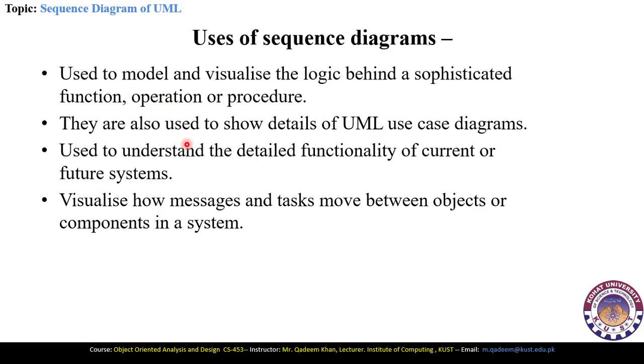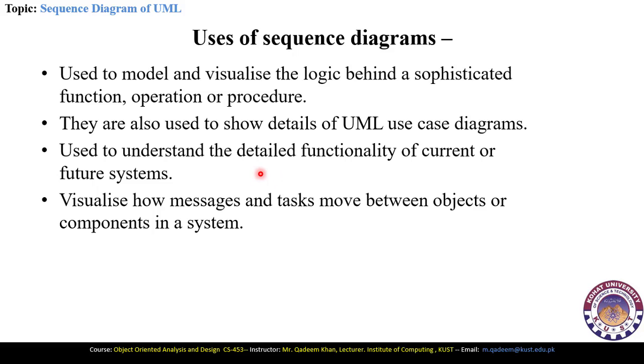They are also used to show the detail of UML use case diagrams, meaning that all the use case diagrams can be represented with the sequence diagram, but the sequence diagram is one step up from the use case diagram because it also represents the sequence as well. So it shows the detailed functionalities of the current or future system, meaning what should be the current features and functionalities of the system.